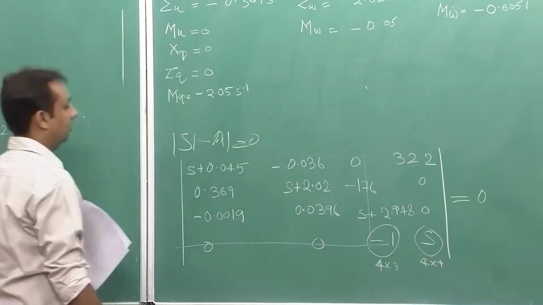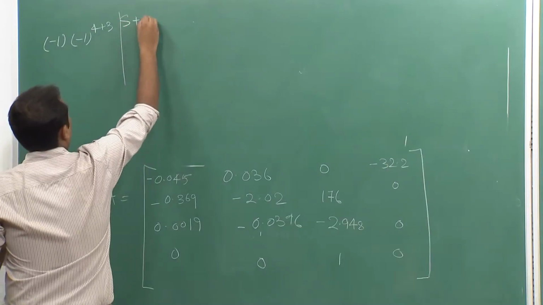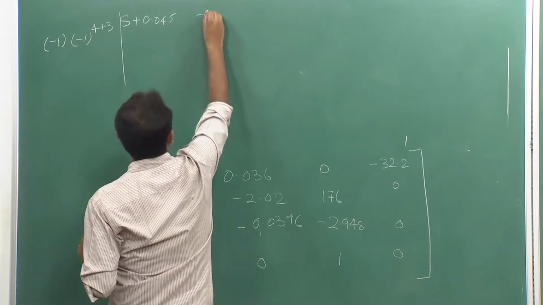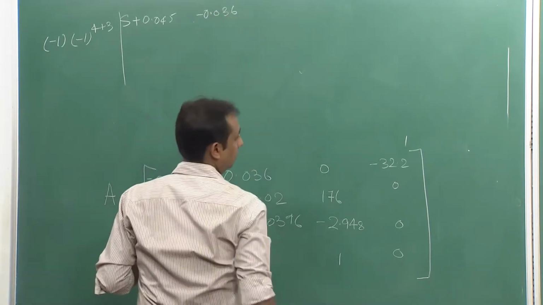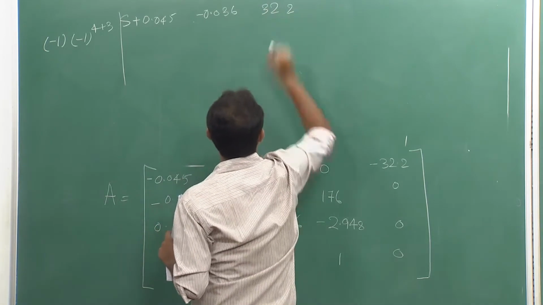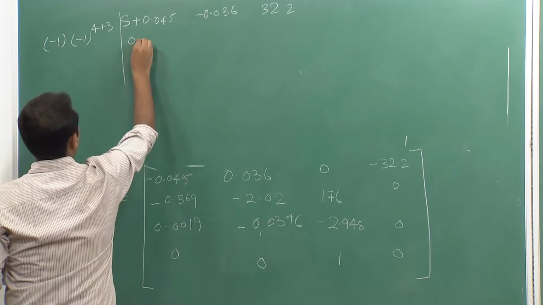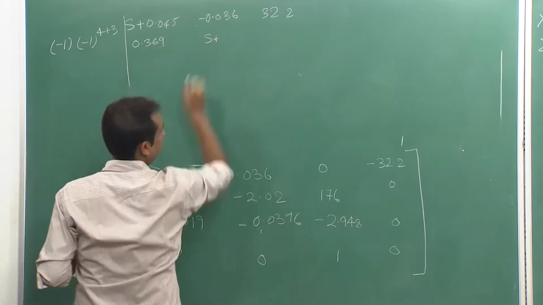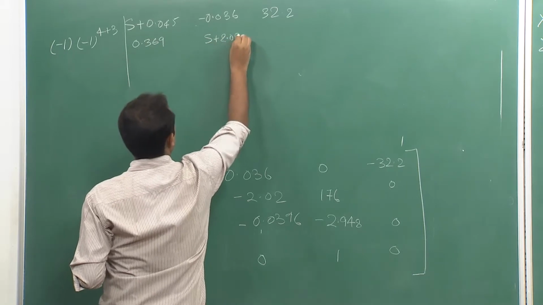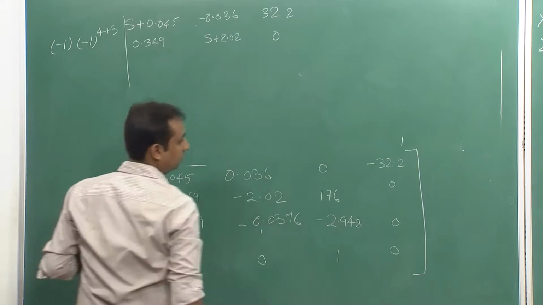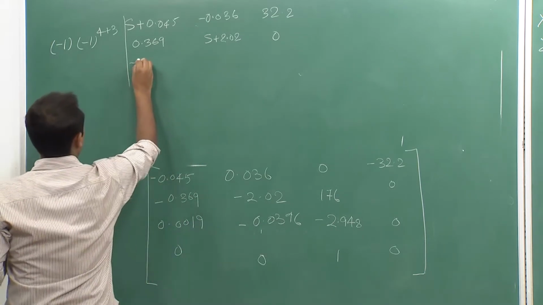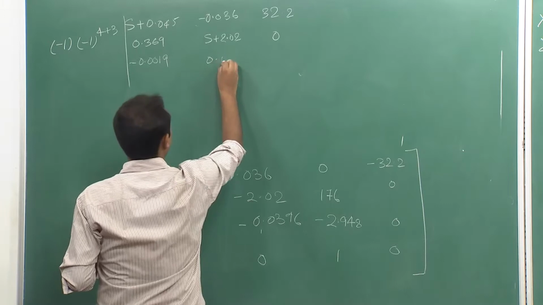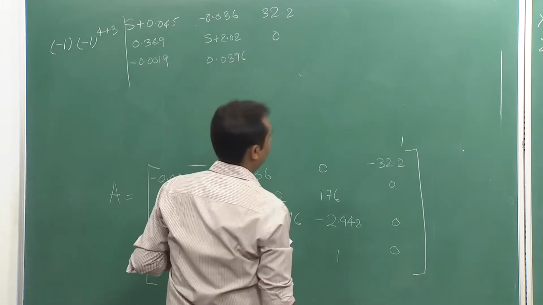That is the determinant of this matrix I have to calculate, that is S plus 0.045, minus 0.036, 32.2; 0.69, S plus 2.02, 0; minus 0.0019, 0.0396, and 0.